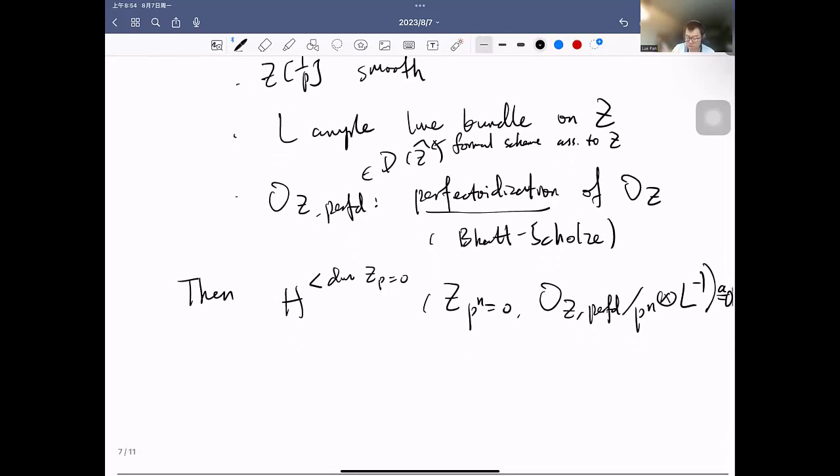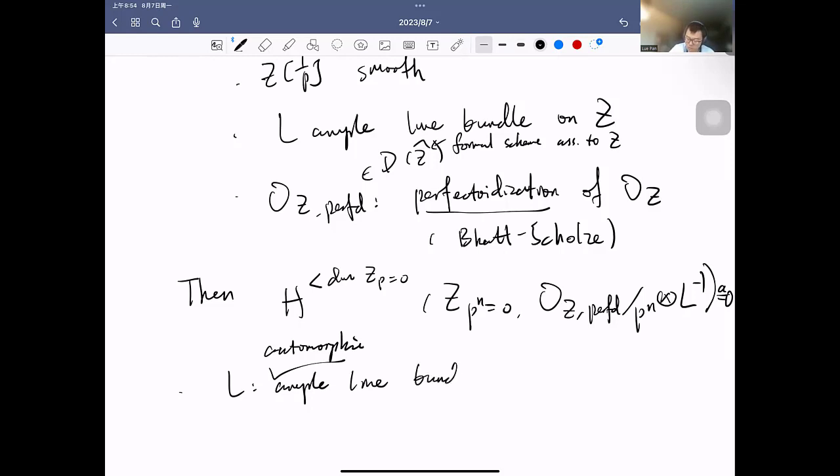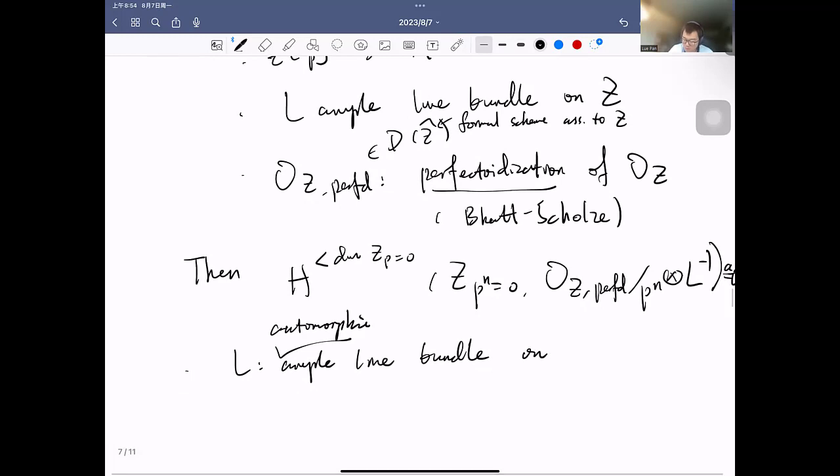So let me say how to use that. Sorry, I will slightly abuse notation. So L will be some ample line bundle, some automorphic ample line bundle on my finite level Shimura variety.